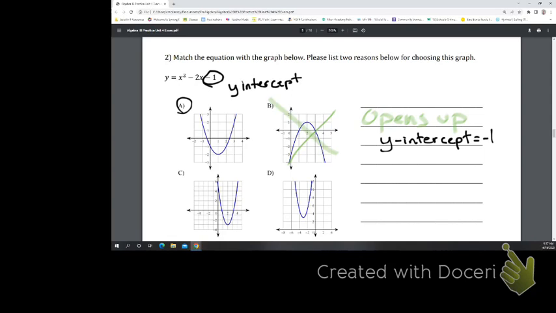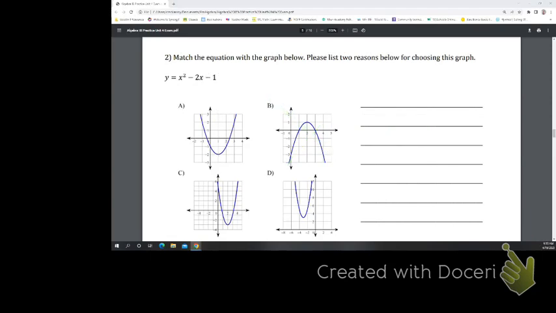You could also find the vertex and tell me that the vertex is right. Or you could find the axis of symmetry, right? So there's more than one way, but those are 2 easy ways, given the choices that we have. The other ones can't work because, well, B can't work at all because it doesn't open the right direction.